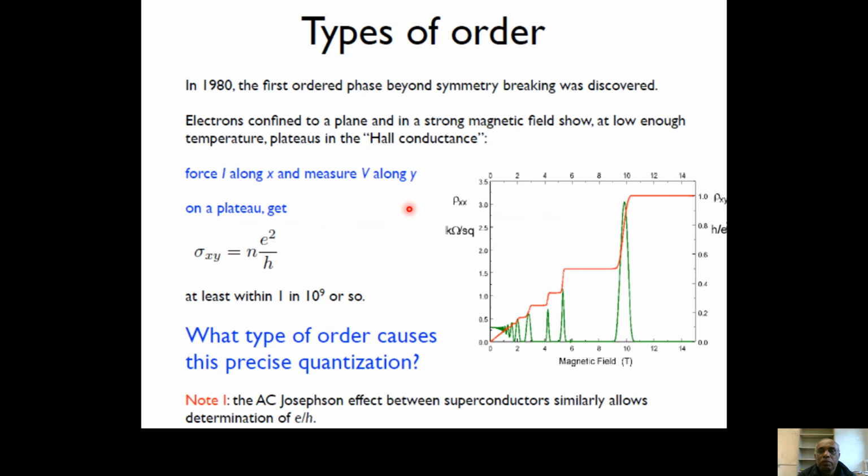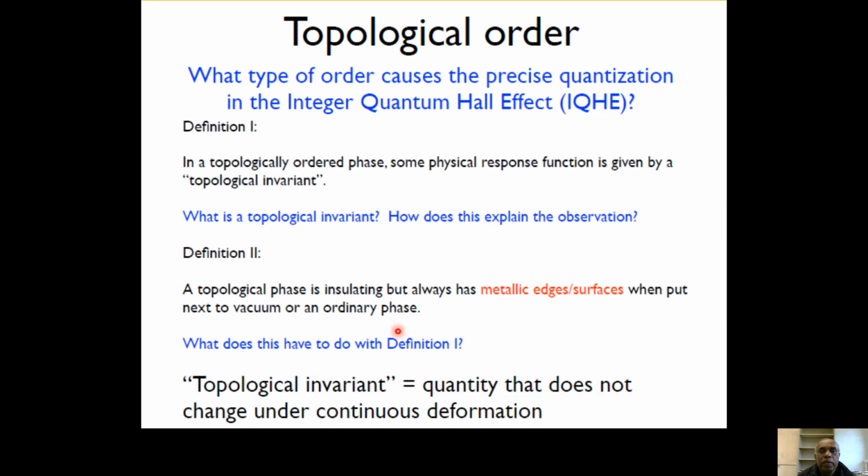This is a new kind of phase arising not due to symmetry breaking, right? So the question is what type of order? We know phase transitions, but what causes this new phase? If you look at this, this new order we call a topological order. We need to understand what type of order causes this precise quantization in the integer quantum Hall effect.